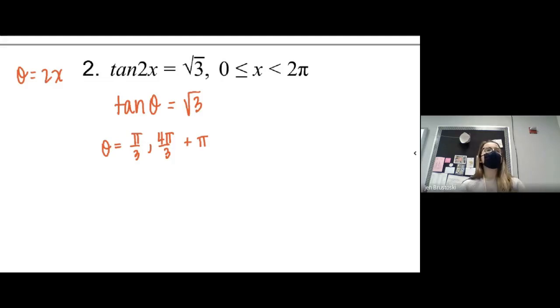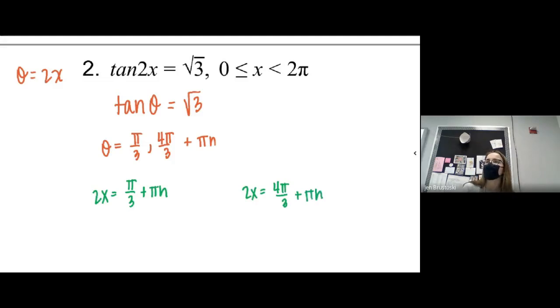Then what? We're going to take that 2x and put it back. So we have 2x equals pi over 3 plus pi n, and I forgot my n on this little bit. And then 2x equals 4 pi over 3 plus pi n.